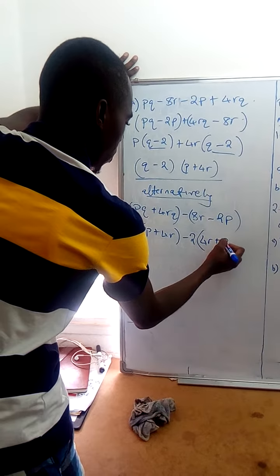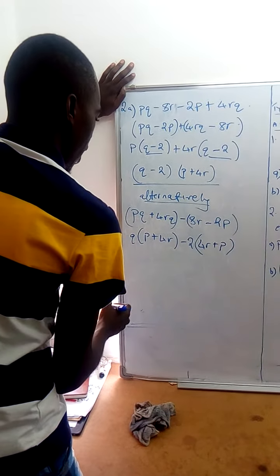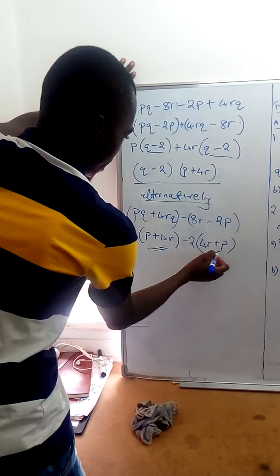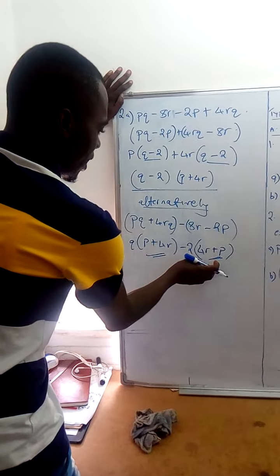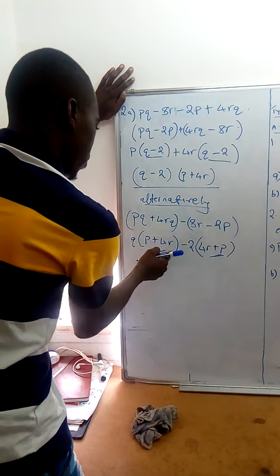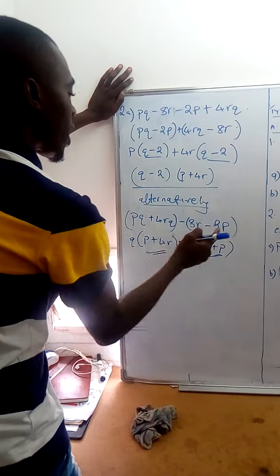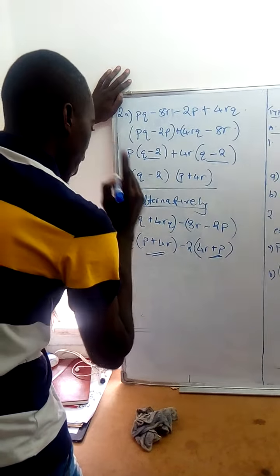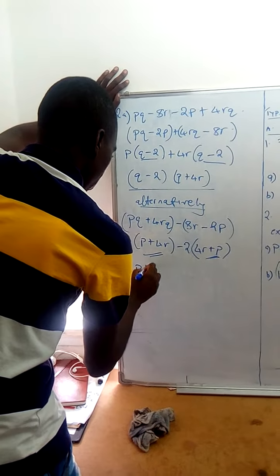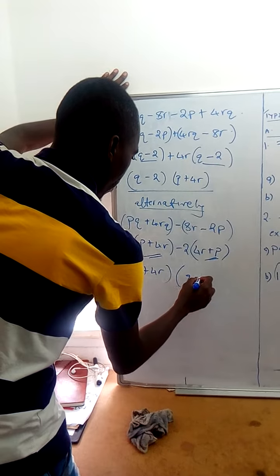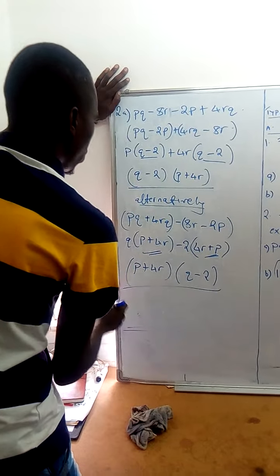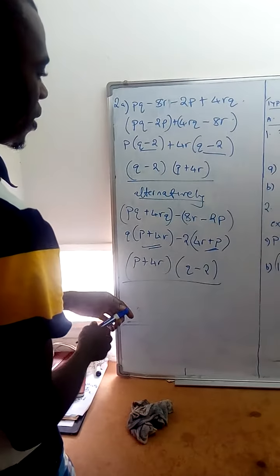Then here will remain with a p, because the 2 is already there. So this one and this one, they are already similar. Now, saying that these are already similar, p plus 4r and 4r plus p, it's one and the same thing. It doesn't matter which one comes first. So you can just write p plus 4r, and the other term will be q minus 2, which is still one and the same answer.